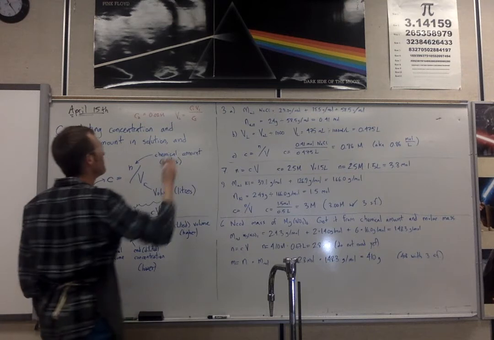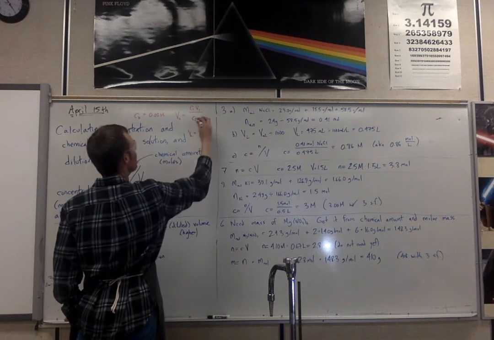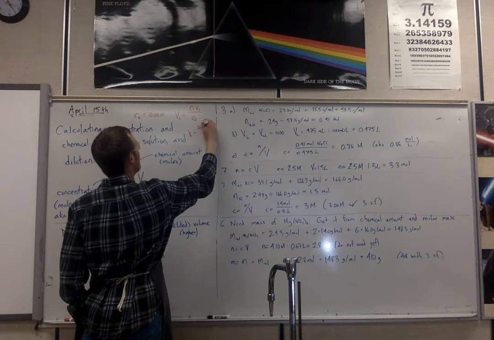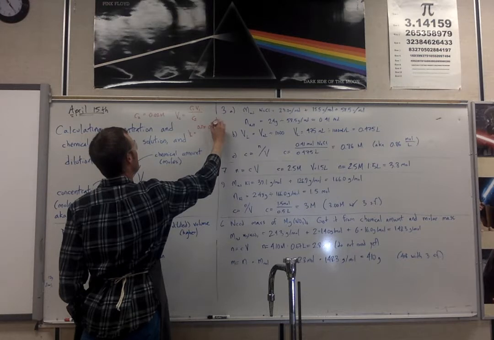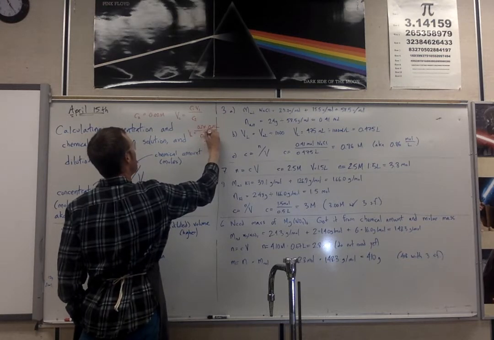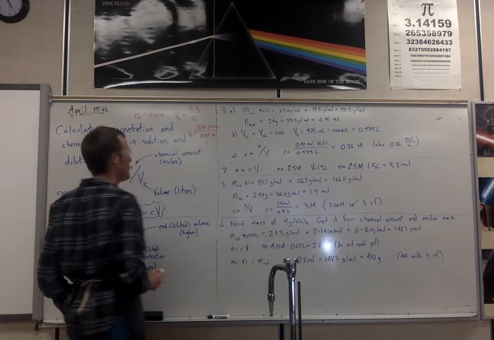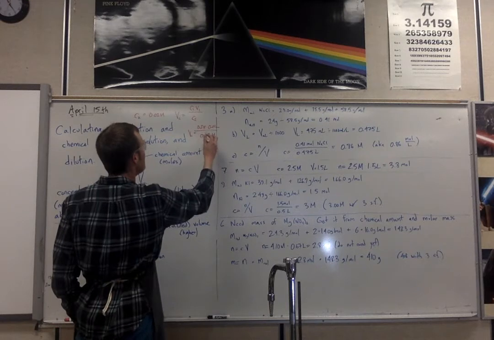Okay, so our V2 equals 0.2 molar times our V1, which is 0.01 liter, divided by our C2, which is 0.02 molar. That's our desired concentration.